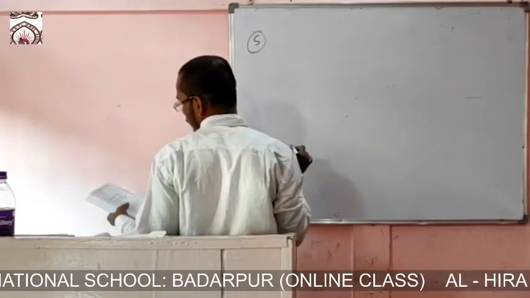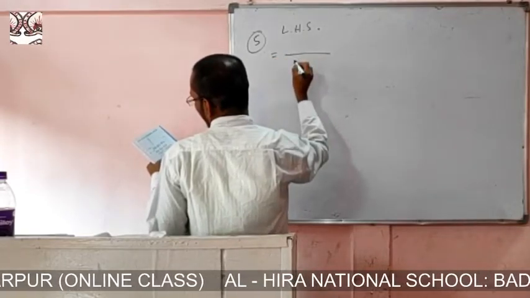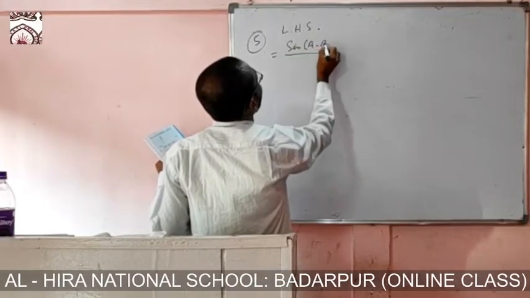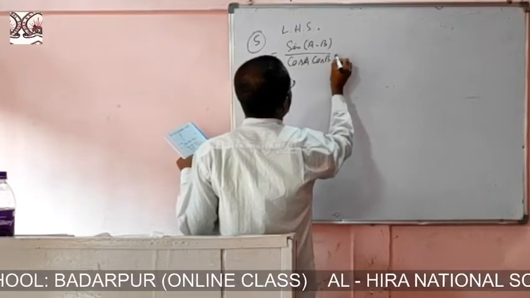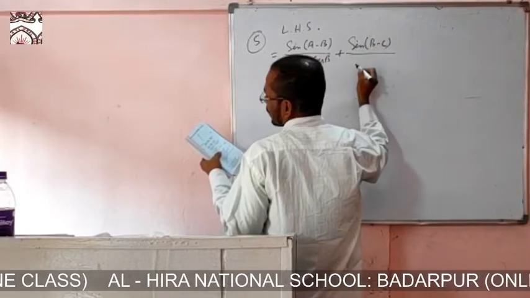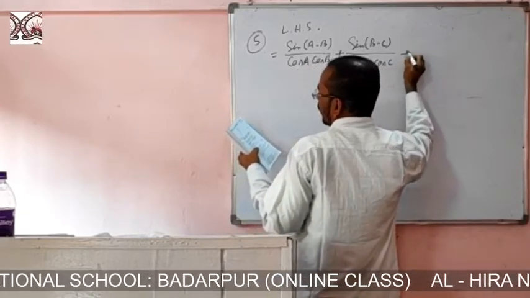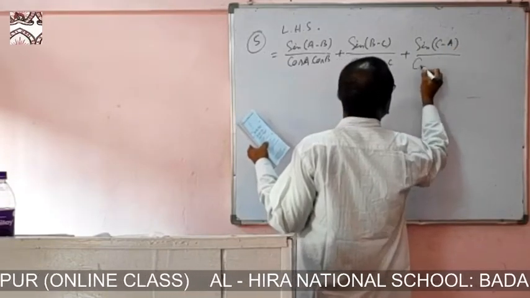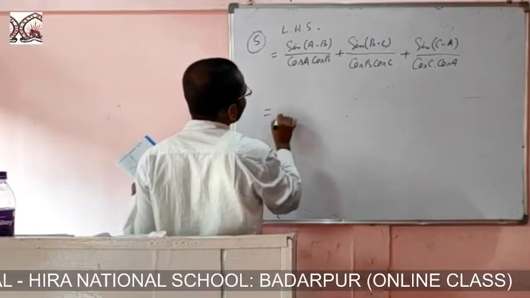So LHS you write: sin(A minus B) by cos A cos B plus sin(B minus C) by cos B cos C plus sin(C minus A) by cos C cos A. So sin(A minus B) formula is what? Sin A cos B minus cos A sin B by cos A cos B.